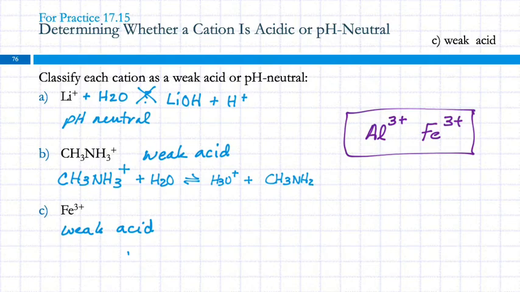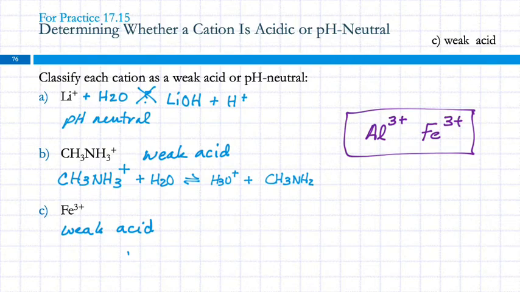But the way to get questions like this on an exam correct is to find a way that you can think about it and reason it out for yourself, right? Because just trying to memorize is not going to work. You're going to forget. Is it always gonna be reacting with water?